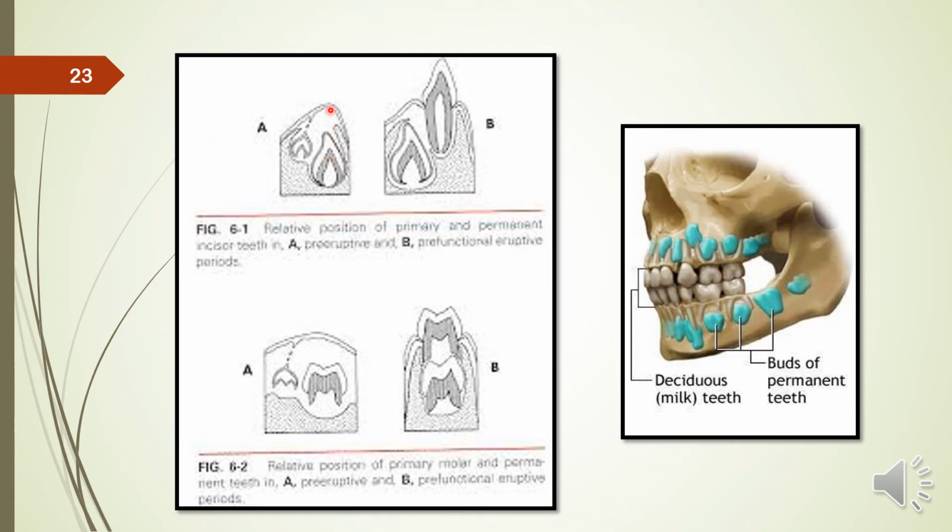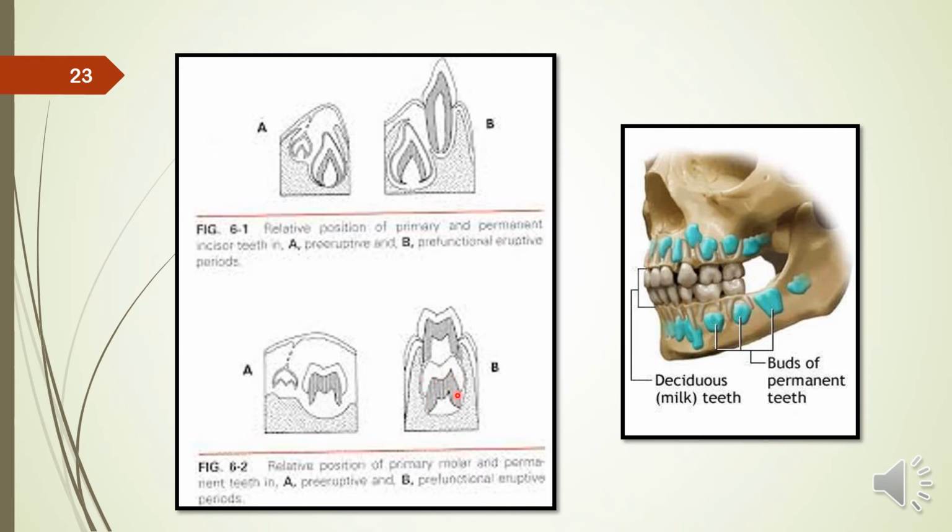The deciduous incisors erupt in position, and then the permanent incisors erupt lingually. Similarly for molars, this is how your permanent molars begin to form, and as the primary molars erupt and take their place in the oral cavity, the permanent crypt slowly starts to shift between the roots of the primary molars.